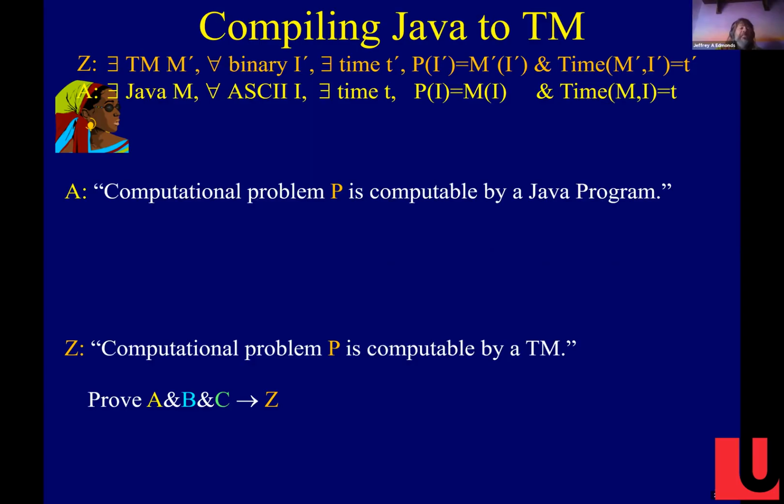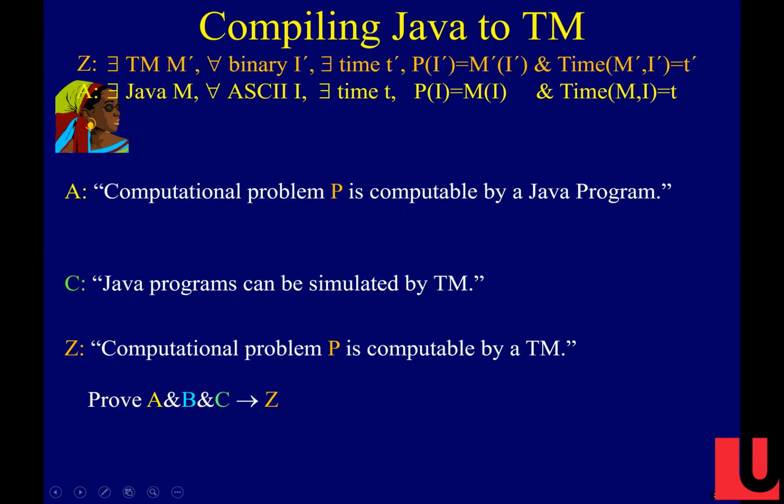All right, let's go on to see what things we need to add in here. What we need to add is a line that says Java programs can be simulated by Turing machines. If we want to go from the fact that a Java program can do it to the fact that a Turing machine can do it, then what do we need to know? We need to know that any Java program can be simulated by a Turing machine.